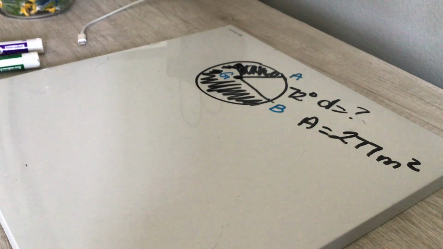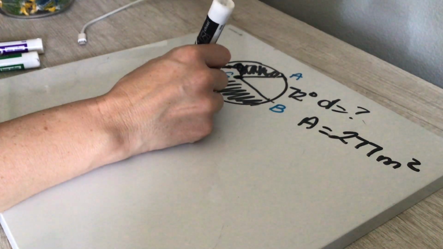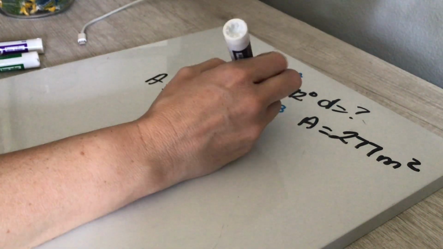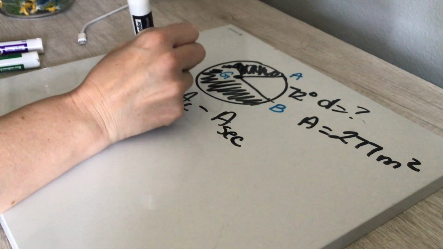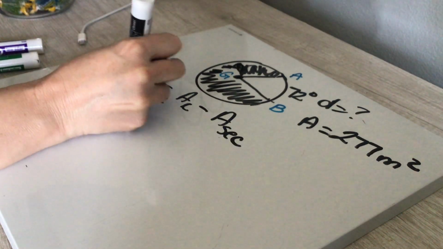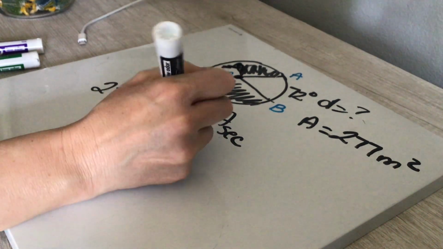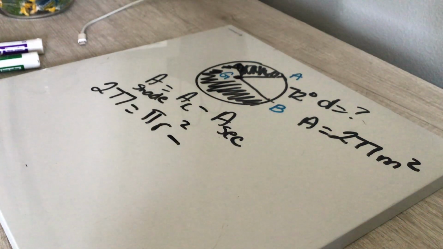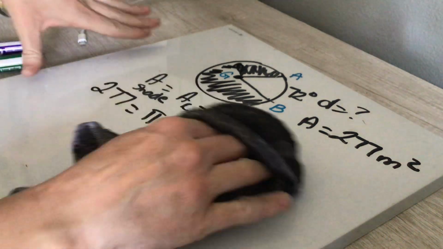Okay? So what we do know is that the area of the shaded is going to be the area of the circle minus the area of the sector. The area of the shaded we said was 277. The area of the circle is pi times the radius squared. And the area of the sector is going to be, actually we don't need this. You can do it that way, but then you have to find the area of the sector by itself.